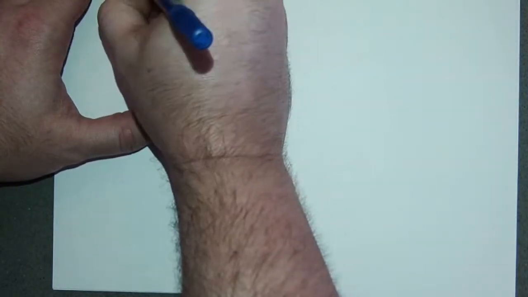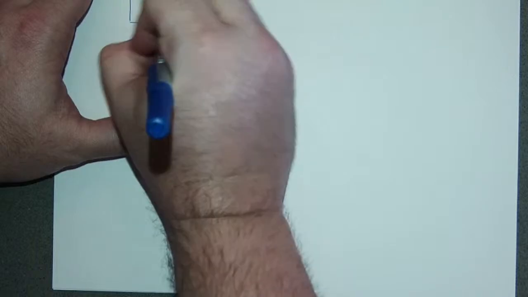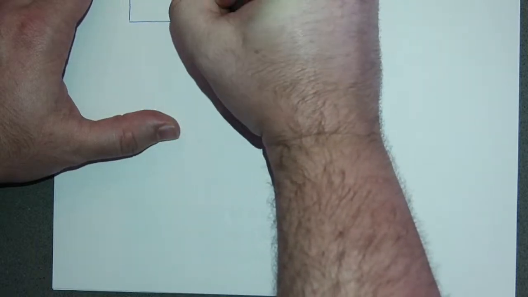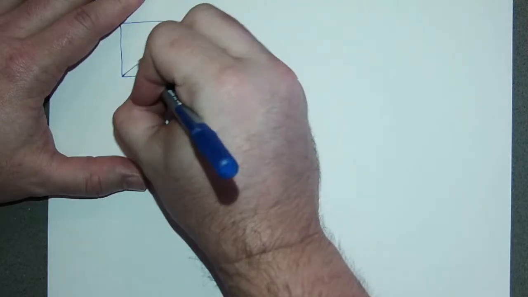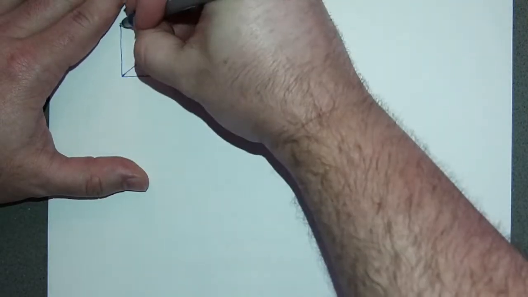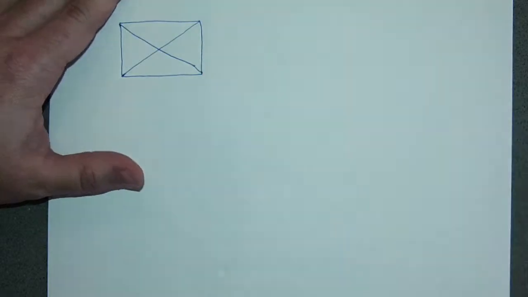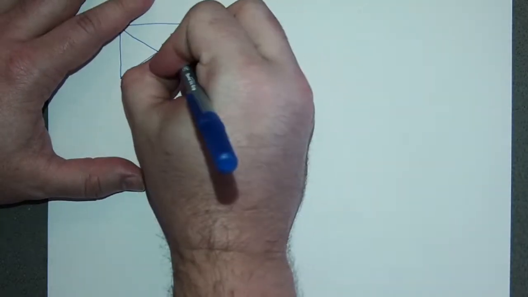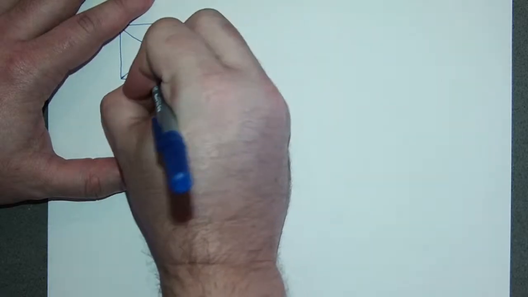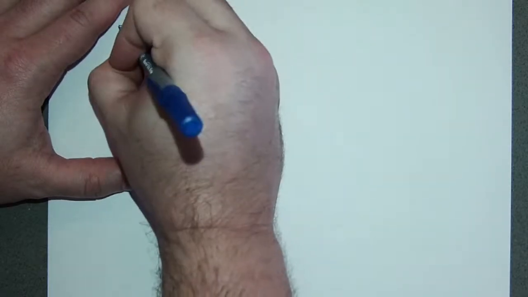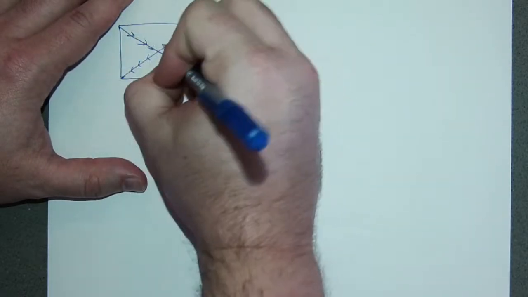So the saddle. This is a little picture of what's going on here. What does the saddle look like? I have a line determined by vector v1, a line determined by vector v2. Along one of the lines I have motion away from the origin. Along the other line I have motion toward the origin.